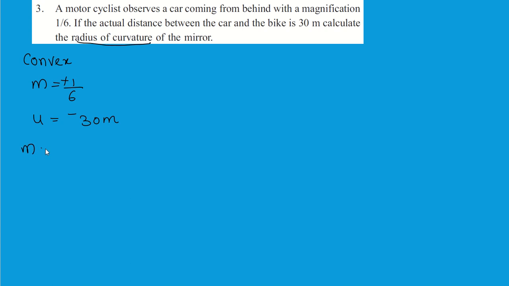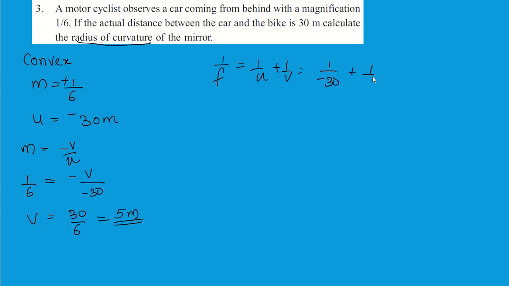We have magnification is equal to -v divided by u. So magnification is 1 by 6, that is equal to -v divided by u. u is -30, so the negative sign cancels. So v is going to be 30 divided by 6, that is nothing but 5 meters. Now we have object distance and image distance. So 1 by f is equal to 1 by u plus 1 by v. 1 by -30 plus 1 by 5.